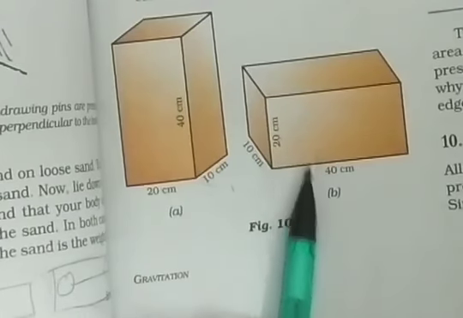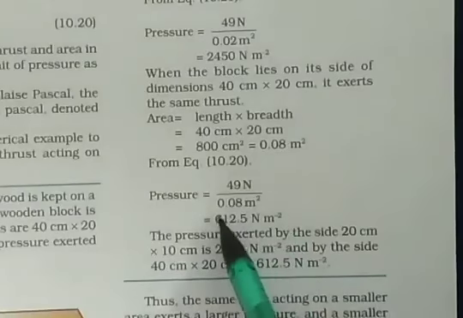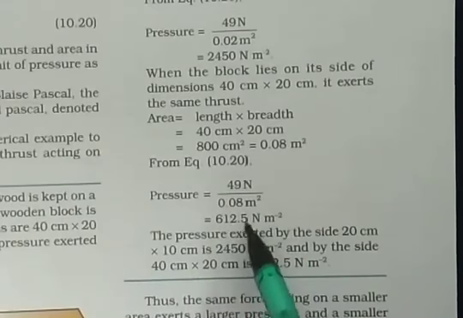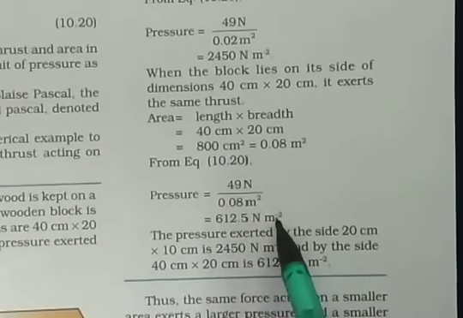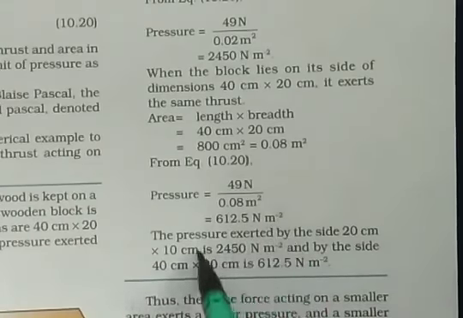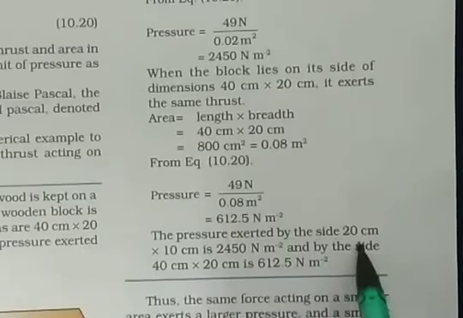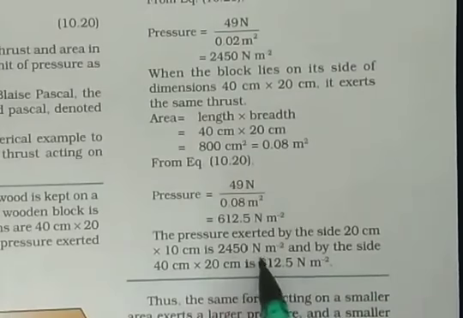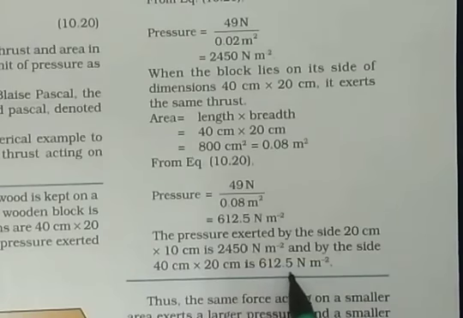So it will be 49 divided by 0.08 meter square. So we will get 612.5 Newton per meter square. The pressure exerted by the side 20 centimeter into 10 centimeter is 2450 Newton per meter square, and by the side 40 centimeter into 20 centimeter is 612.5 Newton per meter square.